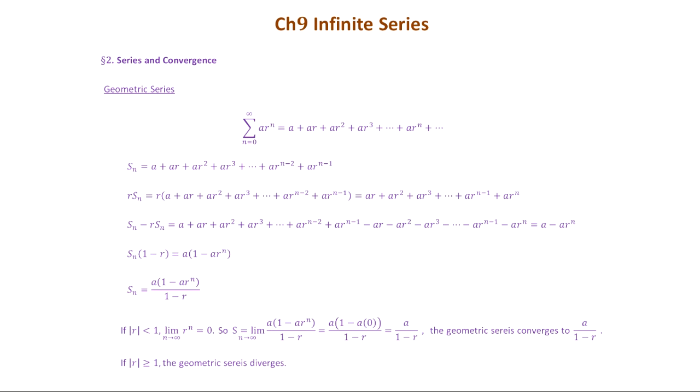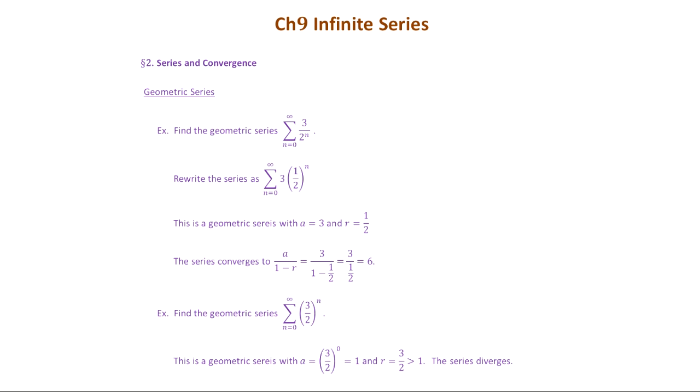So the sum of this geometric series is a over 1 minus r, which is 3 over 1 minus half, if we plug in 3 for a and half for r. 1 minus half is half, and you get the result 6. So the sum of this infinite geometric series is 6.